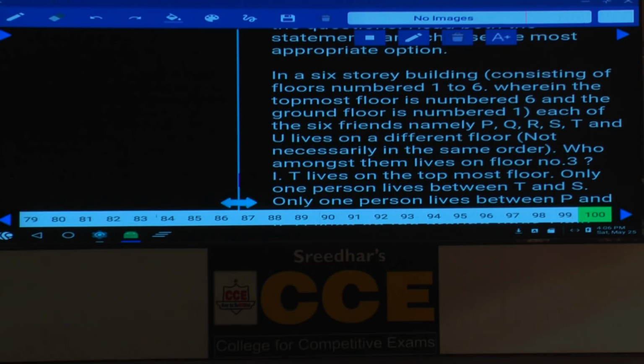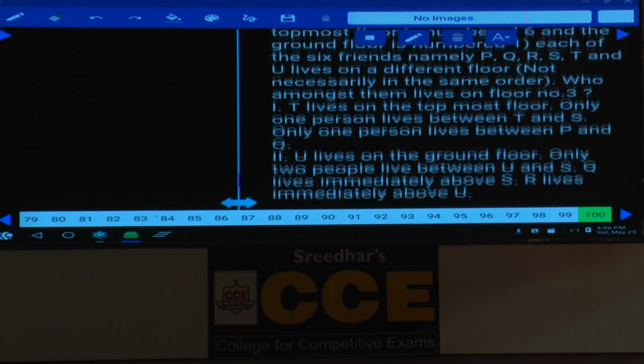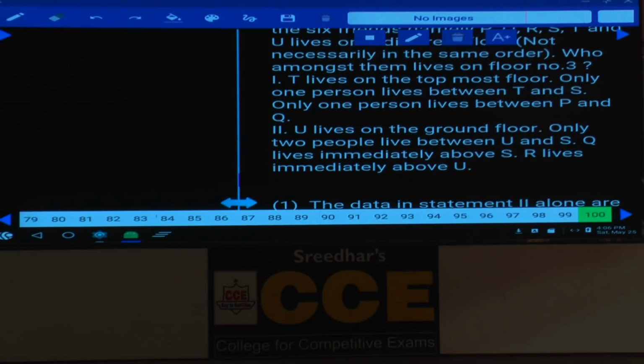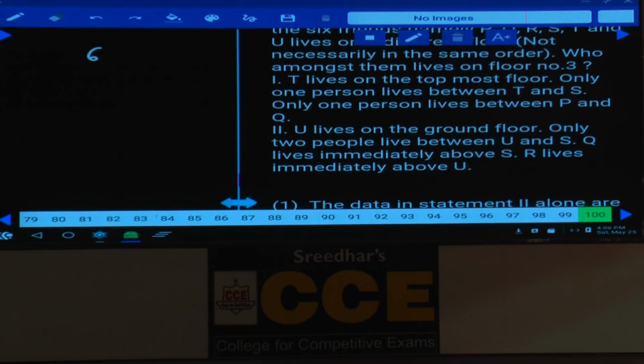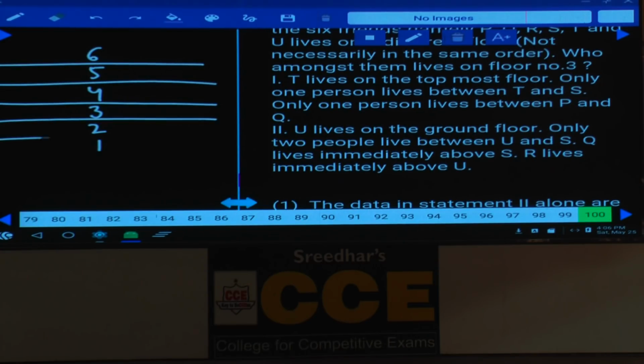Each of the 6 friends, namely P, Q, R, S, T and U, lives on a different floor. Who among them lives on floor number 3? Now we need to identify the person who is living on floor number 3 among these 6 floors: 6, 5, 4, 3, 2 and 1.